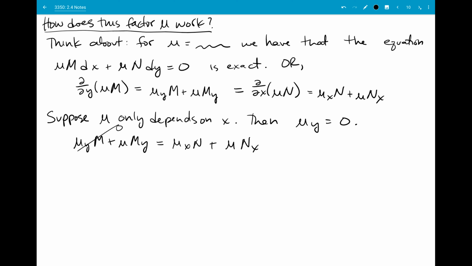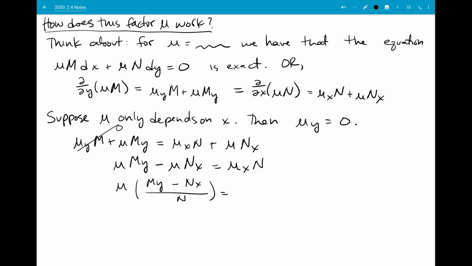And so I have mu times M sub y minus mu times N sub x is equal to mu sub x times N. Or mu times (M sub y minus N sub x) divided by N is equal to mu sub x.